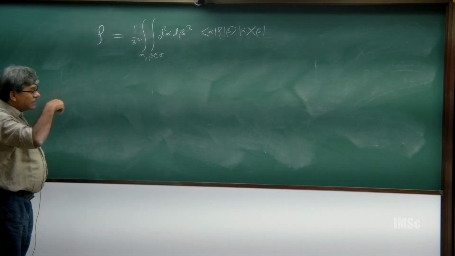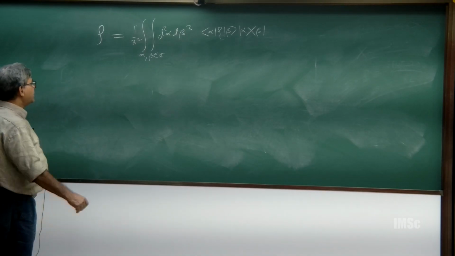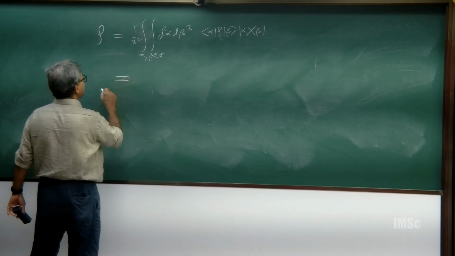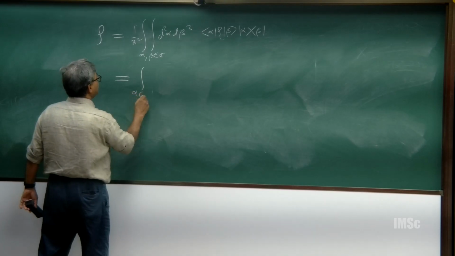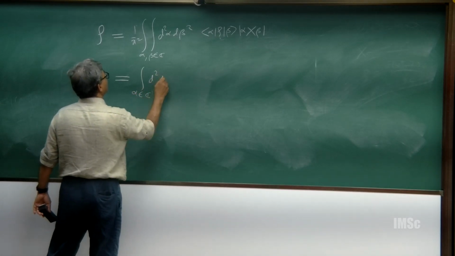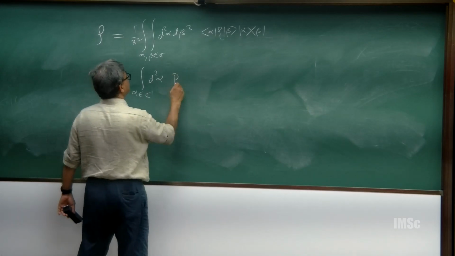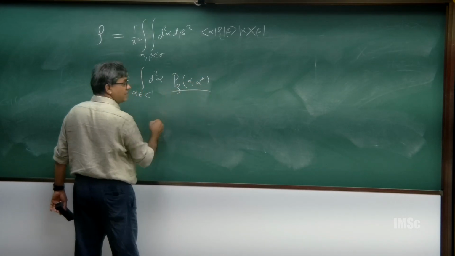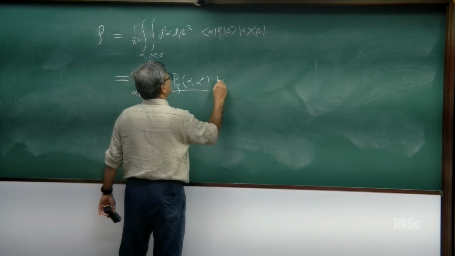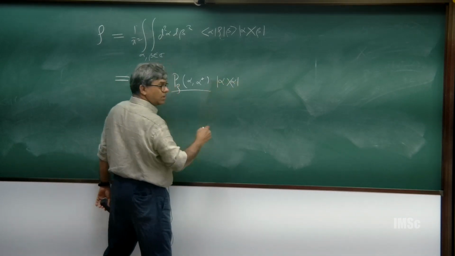we also discussed that this Glauber-Sudarshan P representation tells me that this is nothing but integral over alpha belonging to C, d square alpha. You have the diagonal representation P_rho(alpha, alpha star), a real valued function, times |alpha><alpha|. Okay.